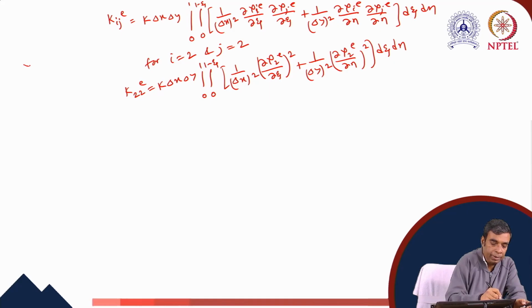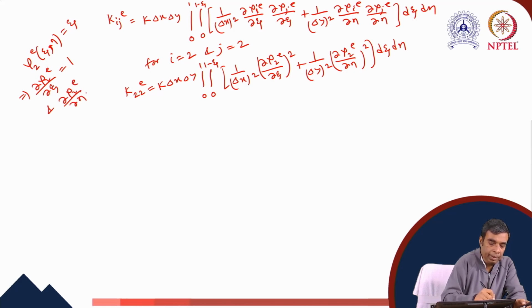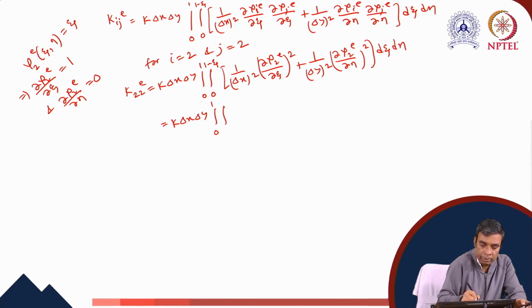Now we know that ψ2e(ξ, η) equals ξ. This gives us ∂ψ2e/∂ξ equals 1 and ∂ψ2e/∂η equals 0. So we can write k Δx Δy integral from 0 to 1, from 0 to 1−ξ.